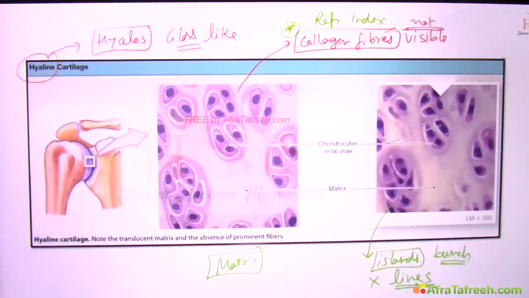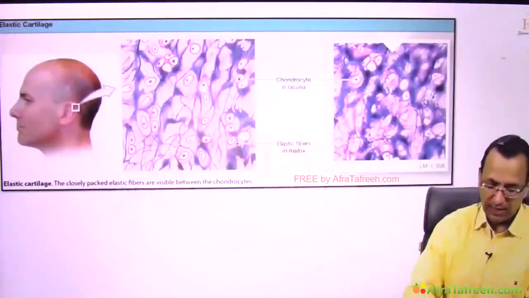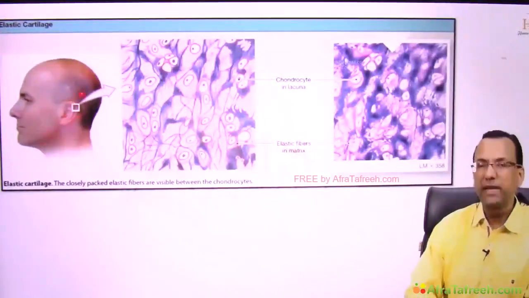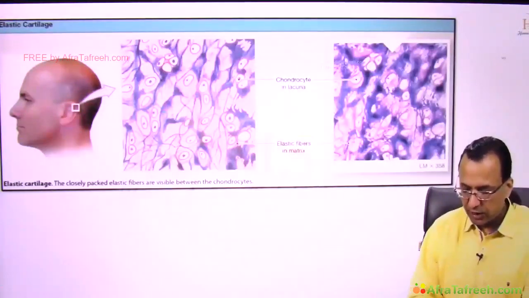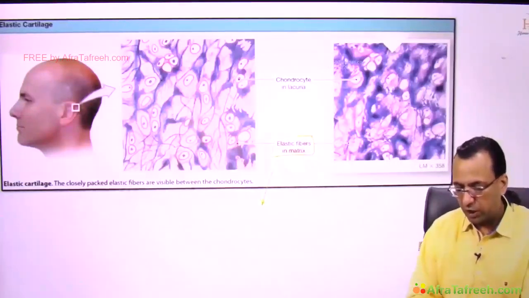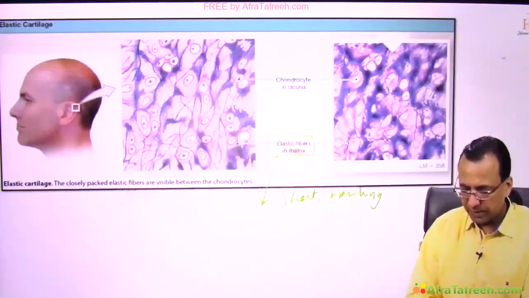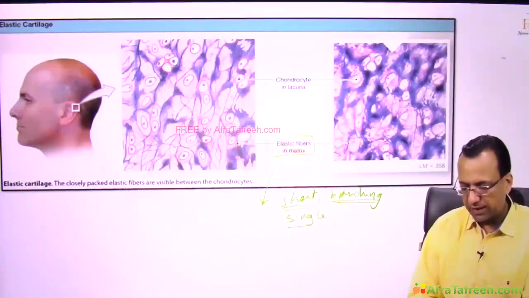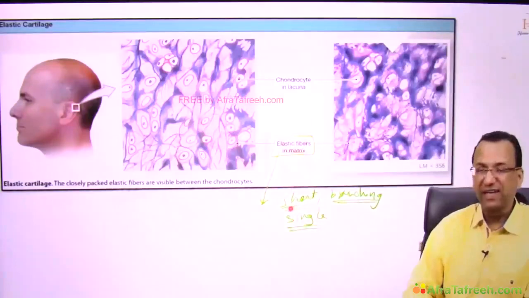Okay, then how do you know about the elastic cartilage? Elastic cartilage, like in the external ear, the pinna, you will find the elastic cartilage. It has elastic fibers, the elastic fibers we were talking about, which are short and branching, and they run single. They do not run in bundles like collagen fibers.